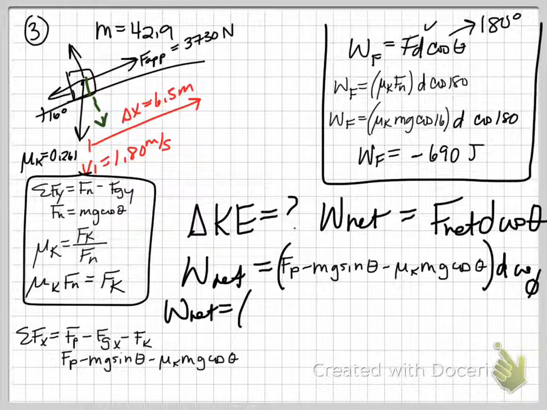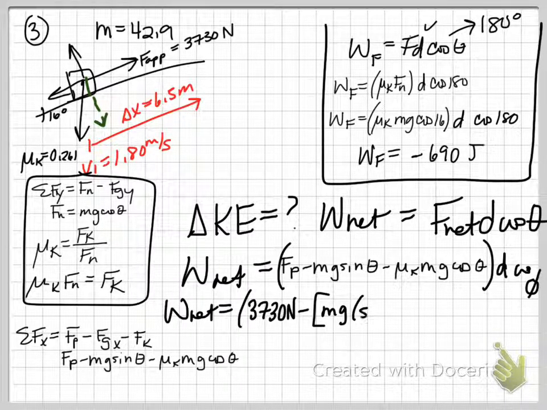I'm wrong plenty of times. Force of the puller is 3730. Is that correct? 3730 newtons minus. Could I simplify this at all? I could do this.